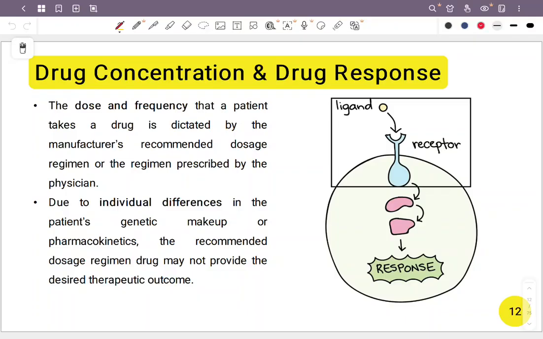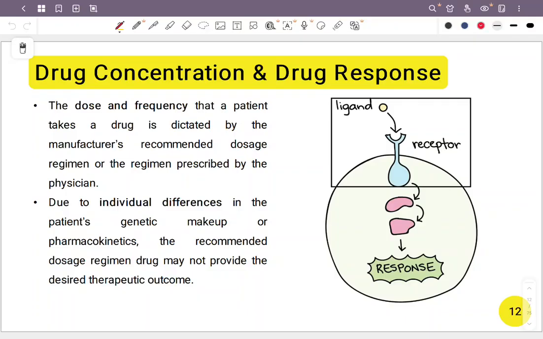So, basically, this tells us na the amount of drug and how frequent siya i-take by the patient is presented by the manufacturer based on the studies na gikonduct nila, and these studies are very focused on biopharmaceutics and pharmacokinetics actually.